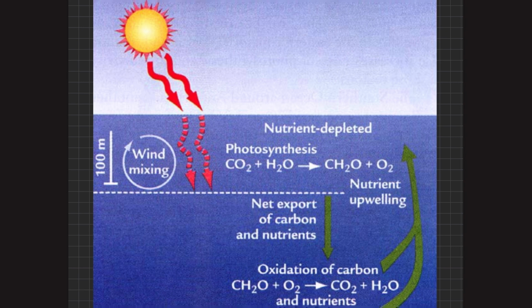Because nitrogen was not very reactive, its concentration was very high, and after that the carbon dioxide was converted into oxygen in the presence of water and sunlight. So continuously the concentration of carbon dioxide was decreasing, whereas the concentration of oxygen was increasing. This happened about 2.5 billion years ago.